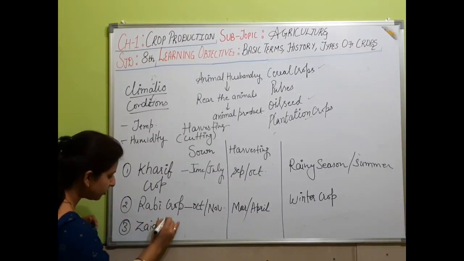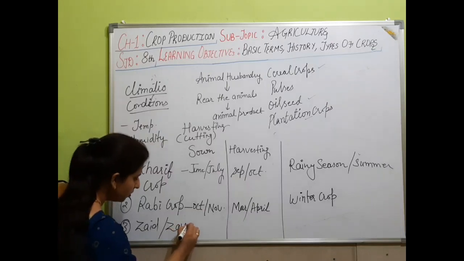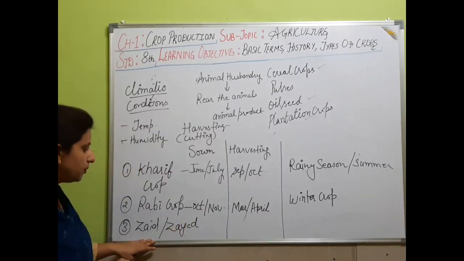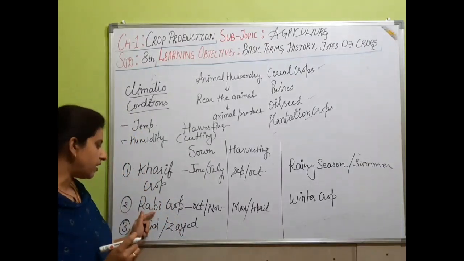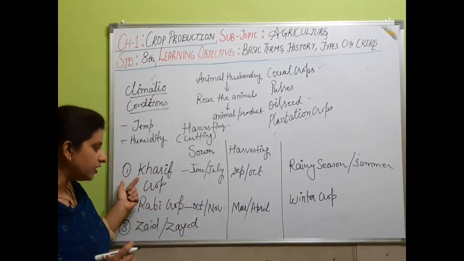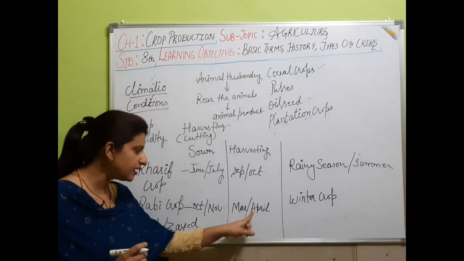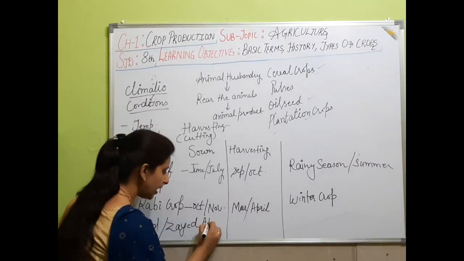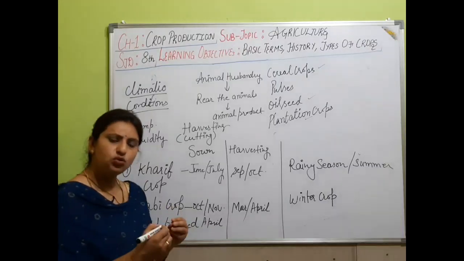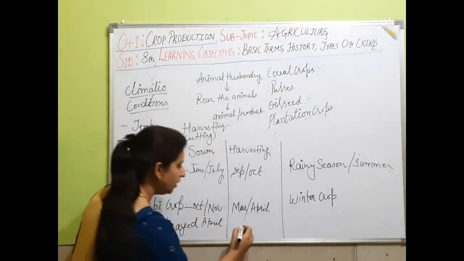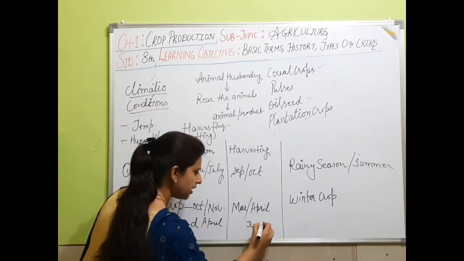This crop is in between the Rabi crop and Kharif crop. It is sown in April and harvested up to May, June.